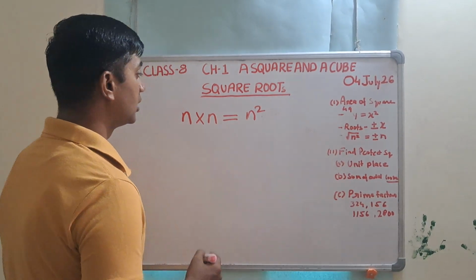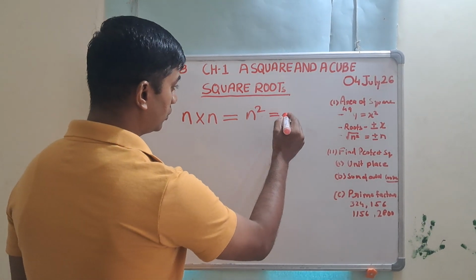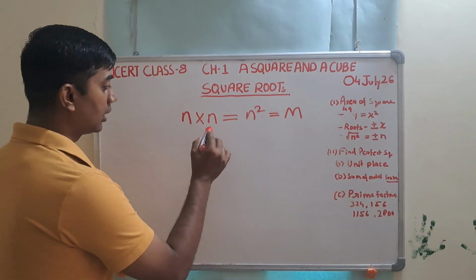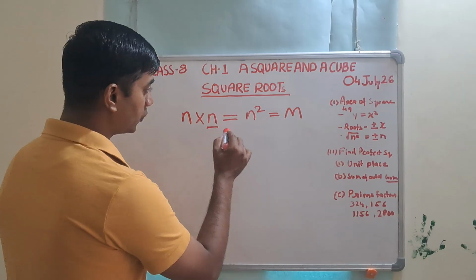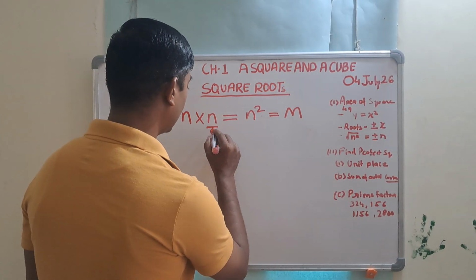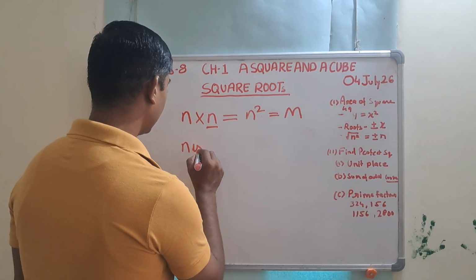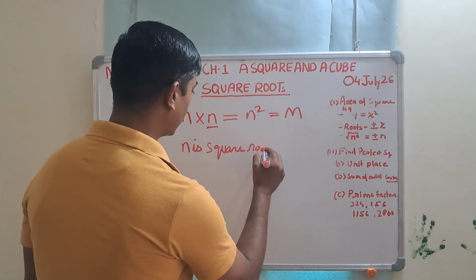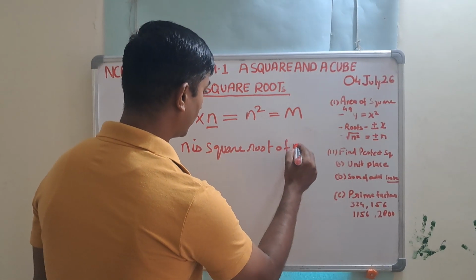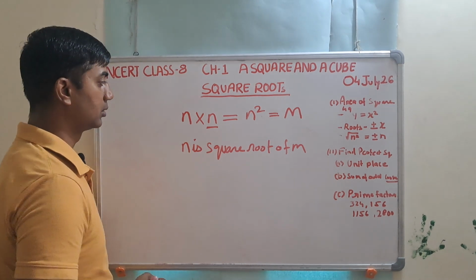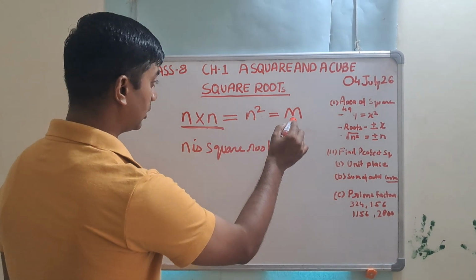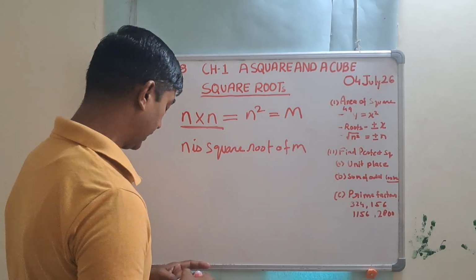Suppose this number comes out as m, then n is the square root of m. This is the way m and n are related.